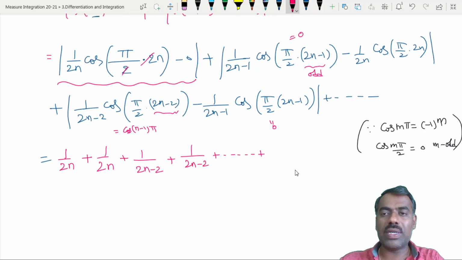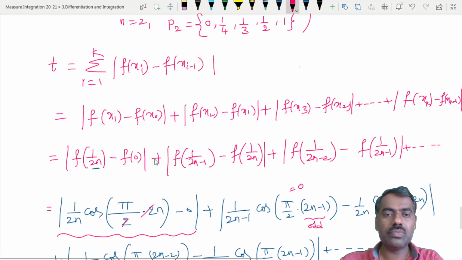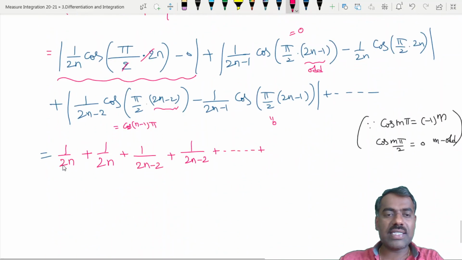So what is the last term? Can you see what the last term is? See, if you write this, it is the same as 1 by 2n, then it is 2 into n minus 1, and so on, right?